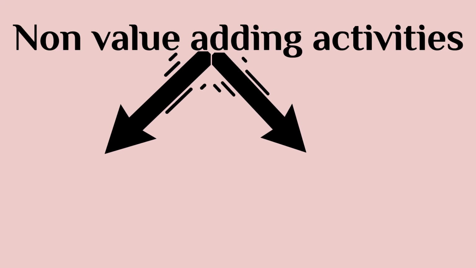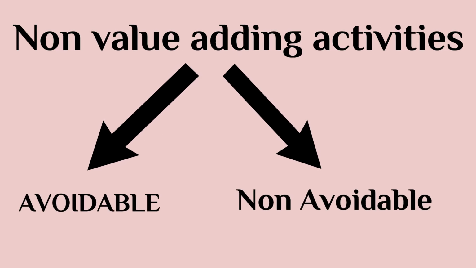Here we categorize the non-value adding activities into two parts. Non-value adding activities that can be avoided and non-value adding activities that cannot be avoided. And the treatment given to both these categories is different.